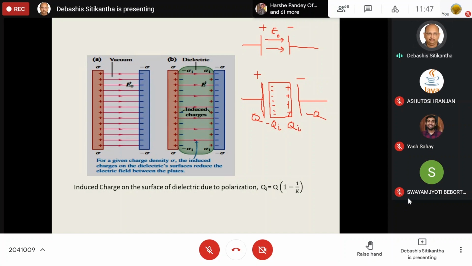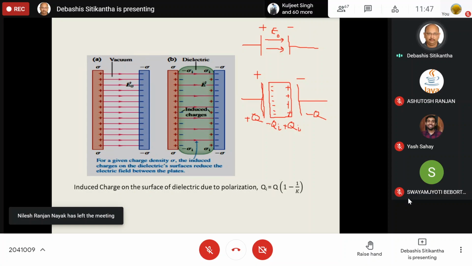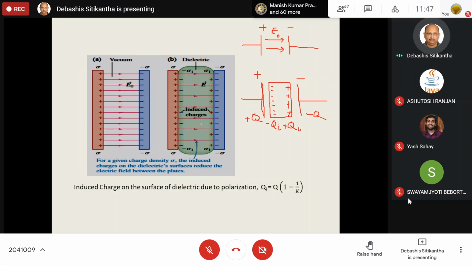This is because of the polarization effect. Why is polarization taking place? It is because the insulator is neutral, whereas the two conductors across this insulator are charged. So polarization takes place and there is an induced charge.